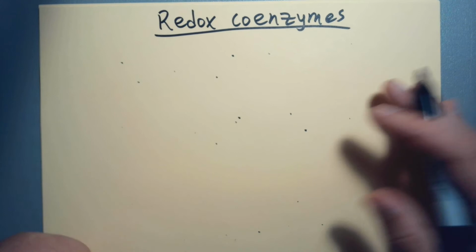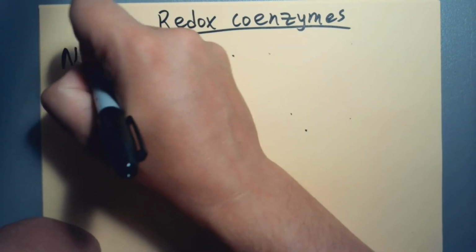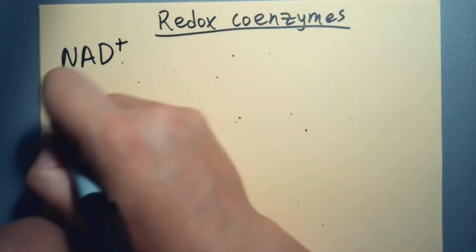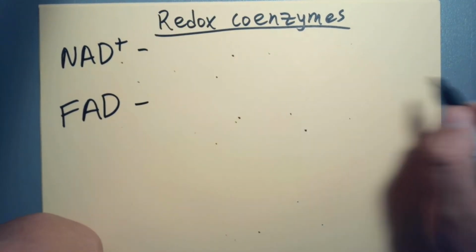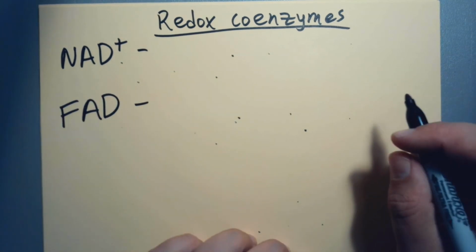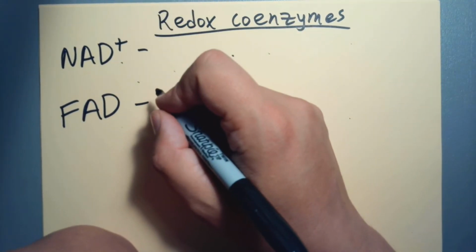All right, so these redox coenzymes, there's two of them. There's NAD and FAD. So NAD plus, these are both hydrogen acceptors.